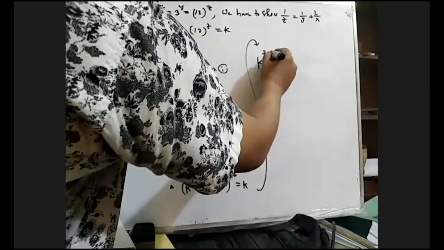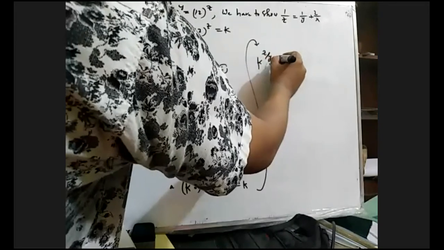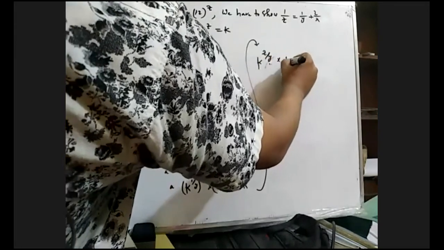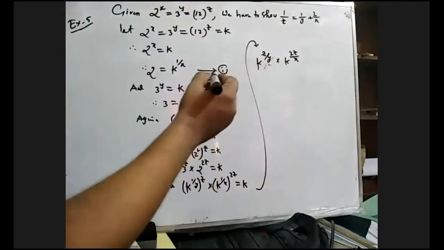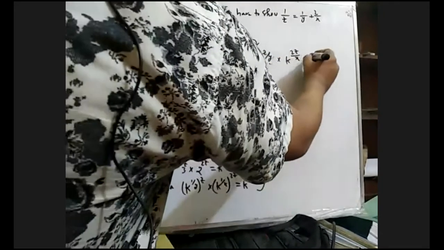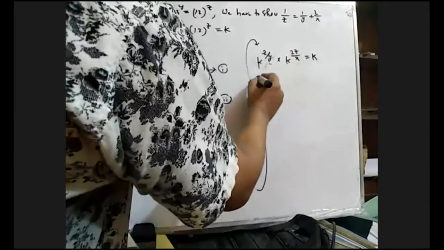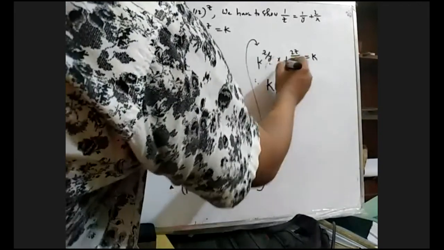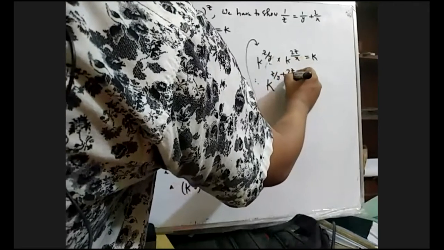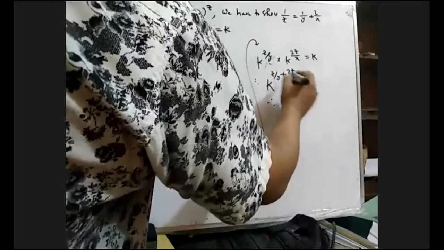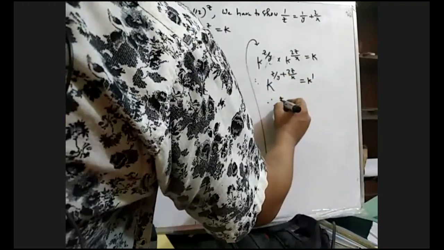Okay. K to the power z by y multiply k to the power twice z by x equals to what? K. Therefore, k base same. K to the power z by y plus twice z by x equals to k to the power 1. So base same, this is why power equals to power.